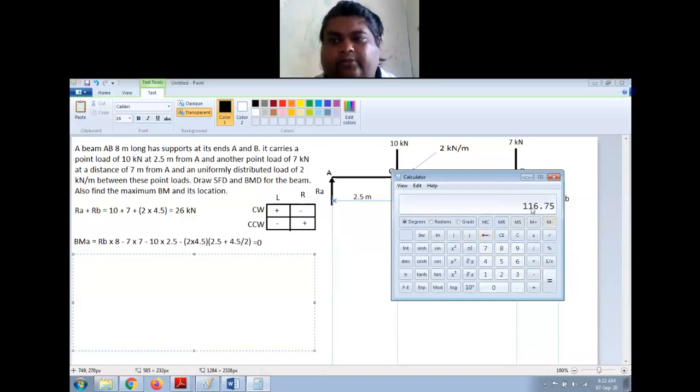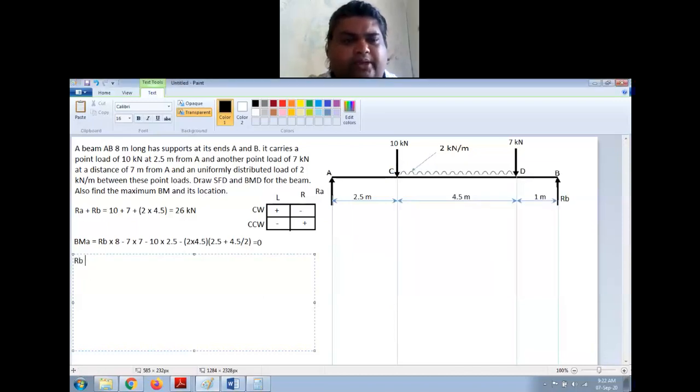So the total bending moment is 116.75 because of these three forces. And I have RB into 8, so I will divide this by 8. That gives 14.59375, so I will take it as 14.59.